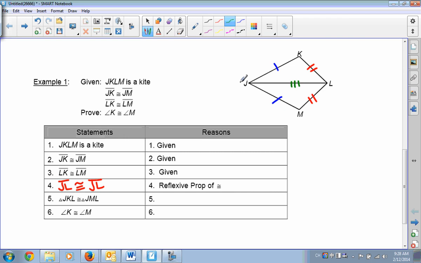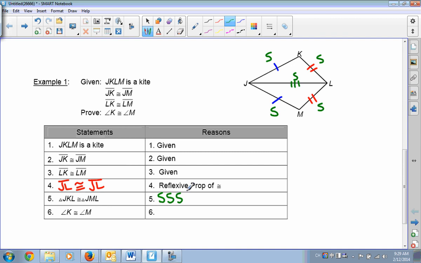So why would the top triangle, JKL, be congruent to the bottom triangle, JML? Yes, look what's marked. Side, side, side. So the reason that these triangles are congruent is SSS, or side, side, side.